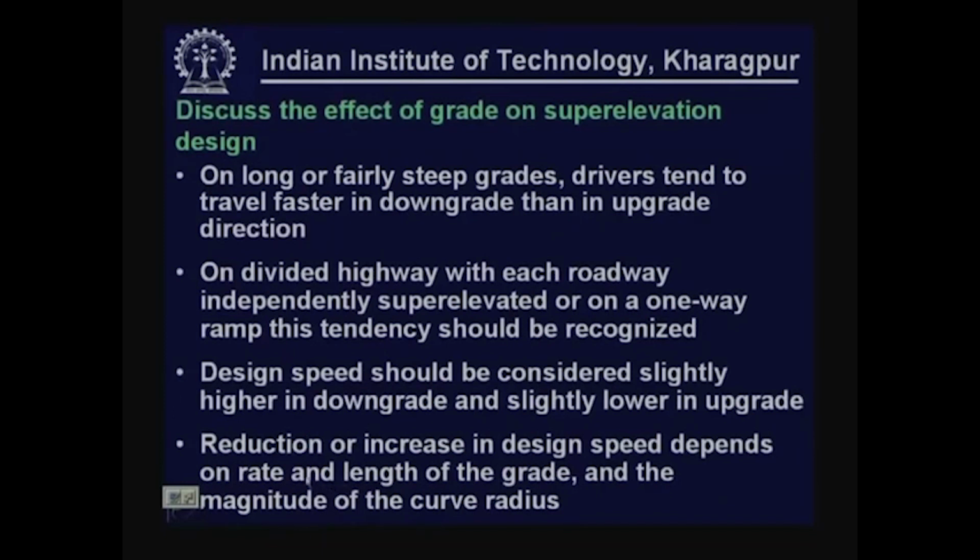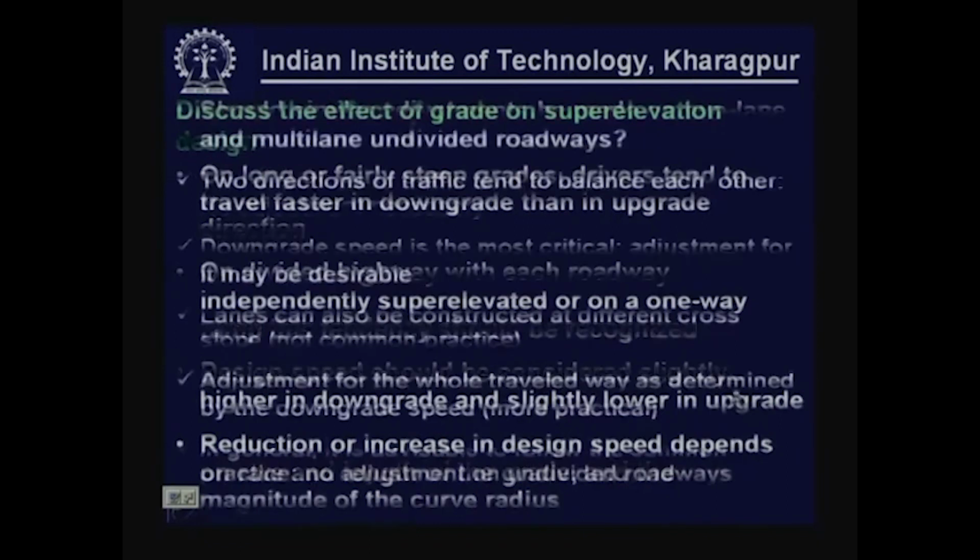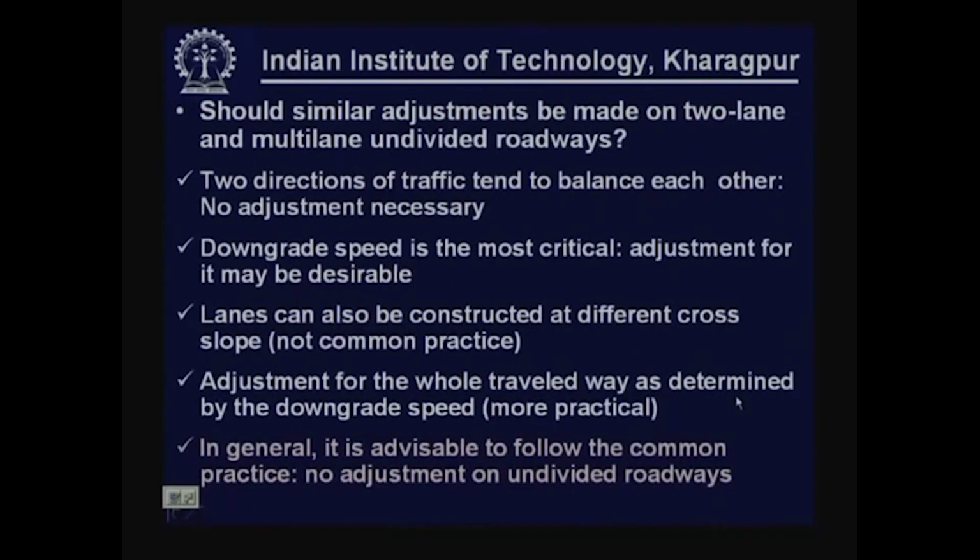So, the design speed should be considered slightly higher on downgrade and slightly lower on upgrade, but a similar adjustment normally we do not do in practice for undivided roadways, although it may be theoretically possible to have a similar kind of adjustment even for undivided road, but practically it is not done and it is not advisable also.